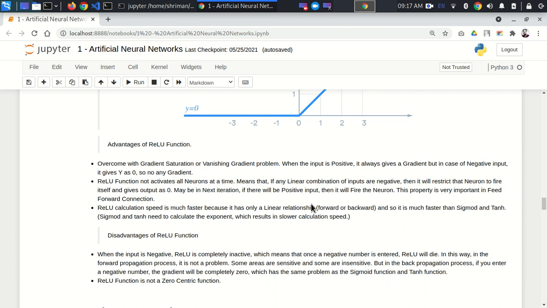Again, if there is a negative input, it will not fire. This property is very important in feed forward connection, because it helps in making some kind of pattern and knowing which parameters and which inputs are making some kind of contribution to your target or output or not. So again, this is very much important.